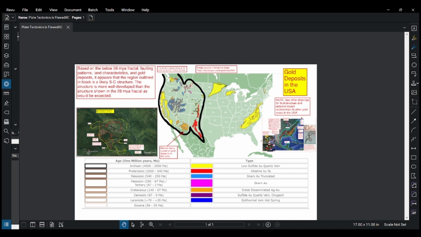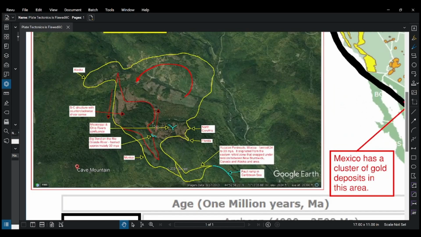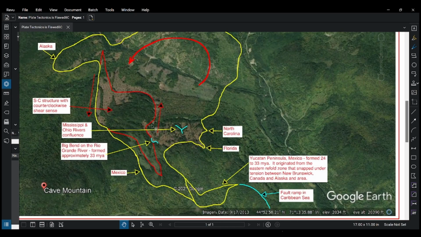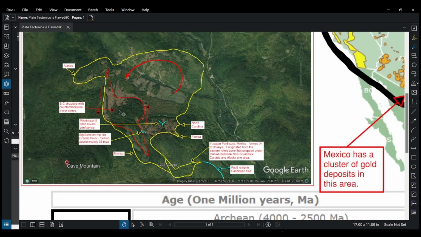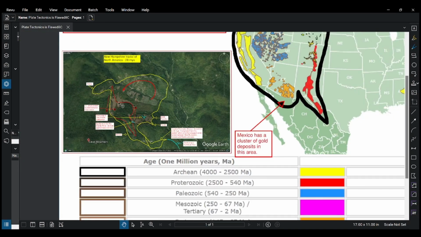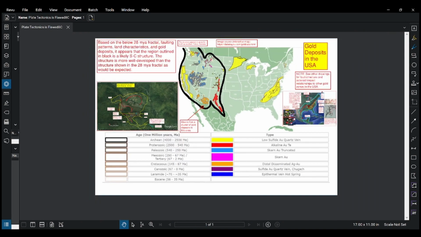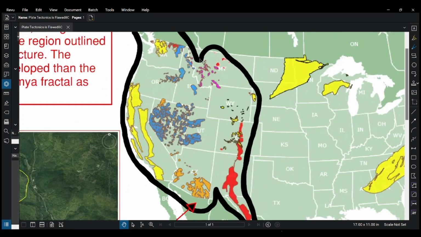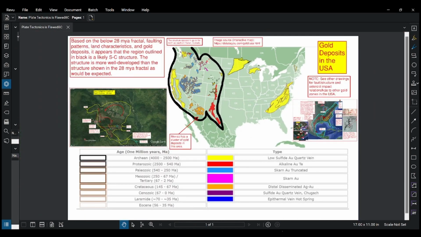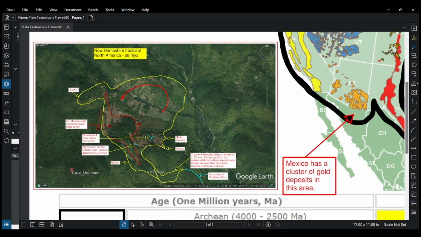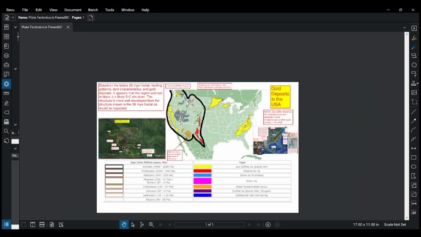All right, there's our fractal friend over here. There's that SC structure that I found there at an earlier stage, a little less rotation with it. It's not as compactly developed as it is here today, but there it is, clearly that SC structure. Okay, so let's continue on.